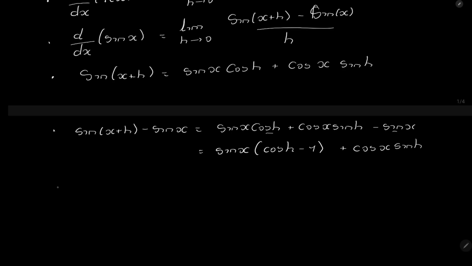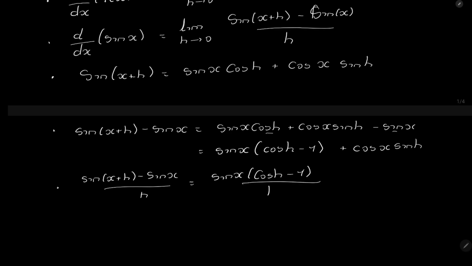Dividing this now by h, that is sine x plus h minus sine x, all divided by h, gives us sine x into cos h minus 1, all that divided by h, plus cos x sine h, all that divided by h.